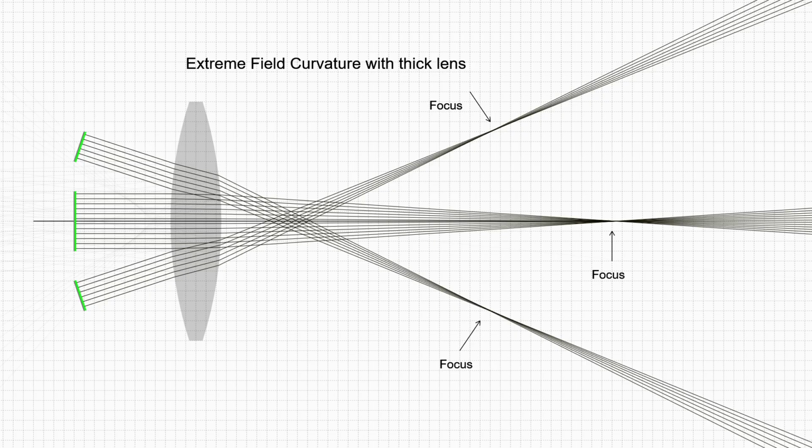And the third one of these is field curvature. Now, you start off with a flat object, and the rays of light go from the flat object through the lens and come out the other side, and you get an image which is not flat, it's curved, because you've got a curved lens.